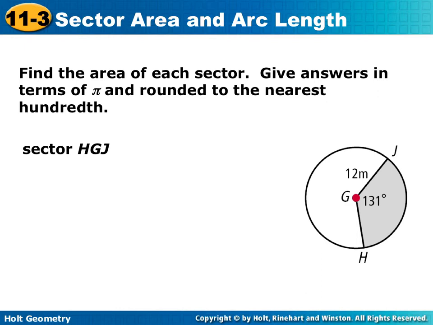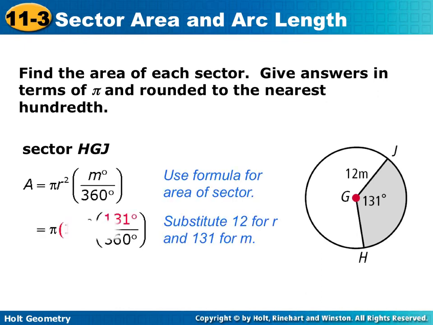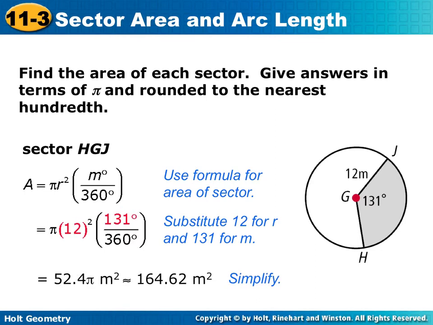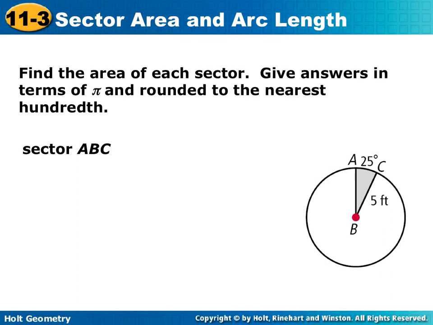Okay, so we should have 52.4 times pi square meters, or 164.62 square meters. Give me a thumbs up or down if you got it right. Anthony, you got it? Okay. Alright. And how about a small sector?